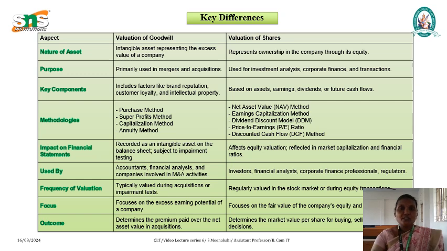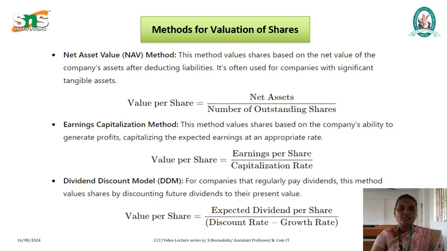So these are the various differences between valuation of goodwill and valuation of shares on the basis of factors like nature of asset, purpose, key components, methodologies, impact on financial statements, frequency of valuation, focus and outcome, etc.